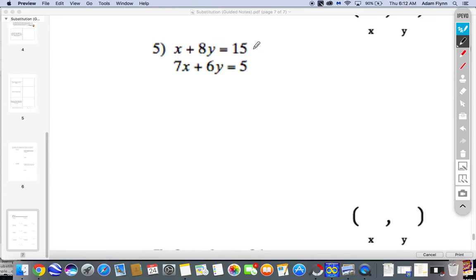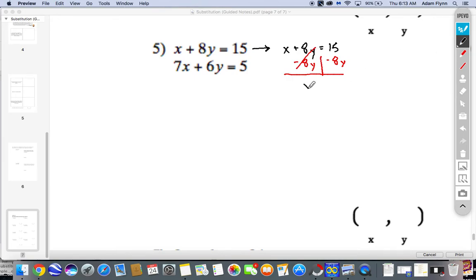So to do that, let me rewrite the equation over here. To get that x by itself, I will subtract 8y on both sides. 8y minus 8y cancels.